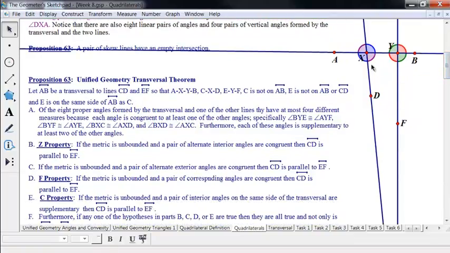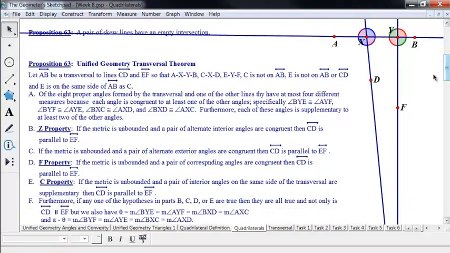So now we've gone from 8 angles down to up to 4 measures. So we could have at most 4 different measurements there, and that's what part A says. We just proved part B, the Z property.